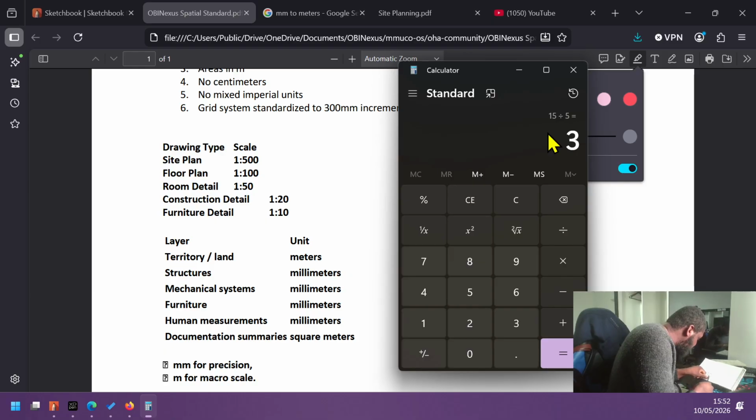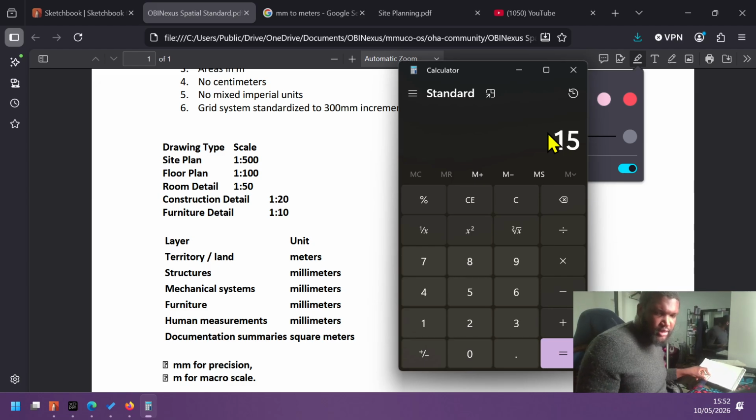So if this is the center, 3 divided by 2 will scale from the center. 15 divided by 5, 20. This is the ratio of 3. Times 2 divided by 2 is 1.5.